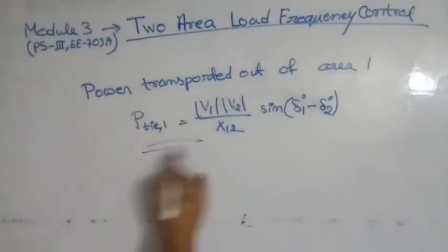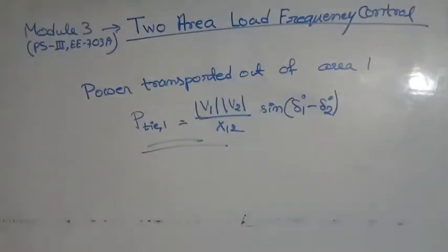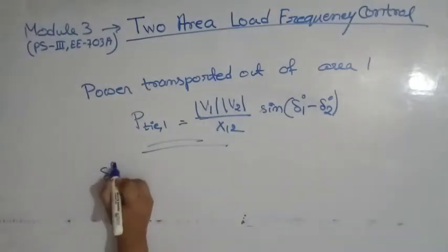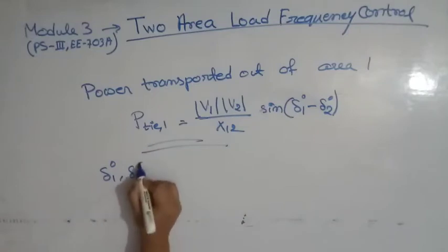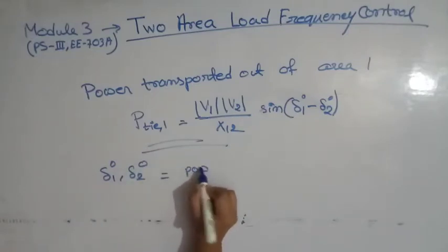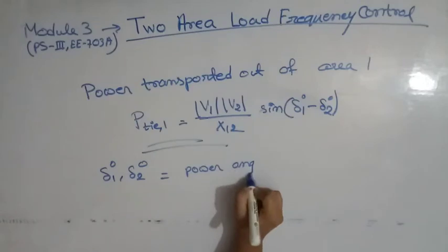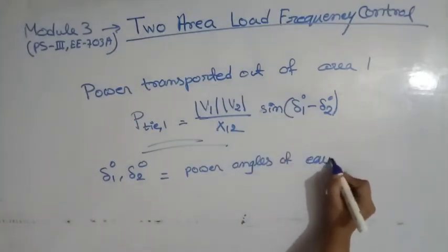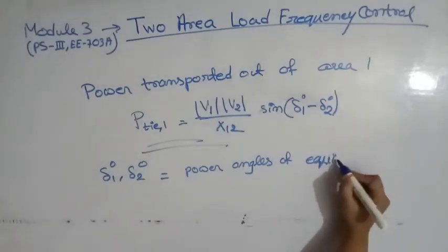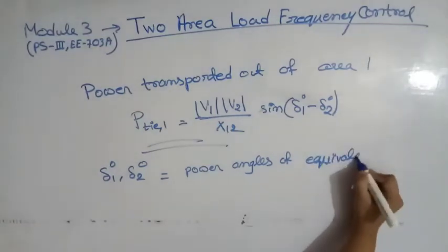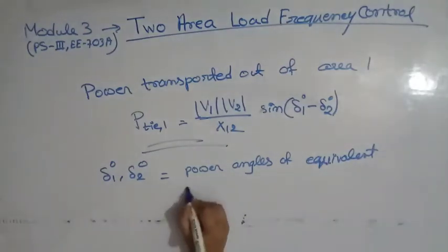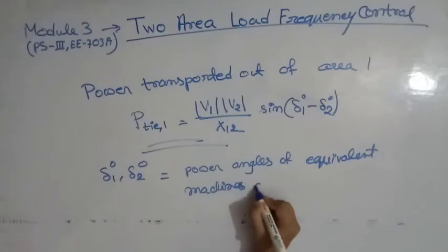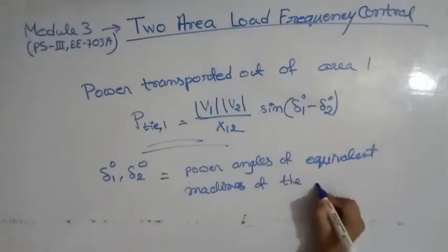Now, you all know this equation of a synchronous generator, where delta 1 and delta 2 are the power angles of the equivalent machines of the two areas.